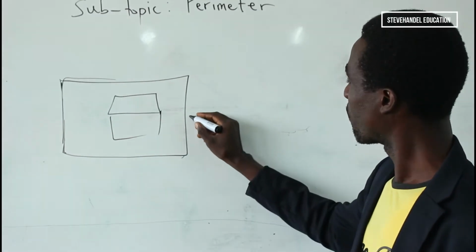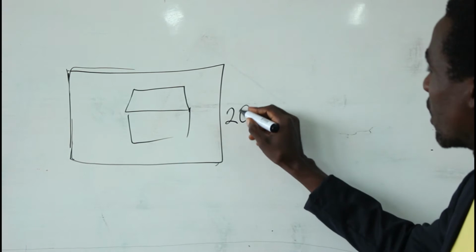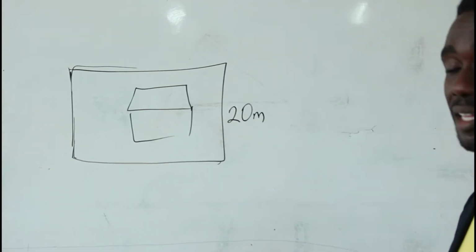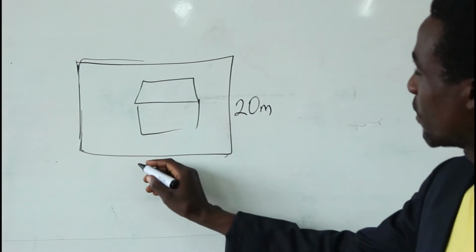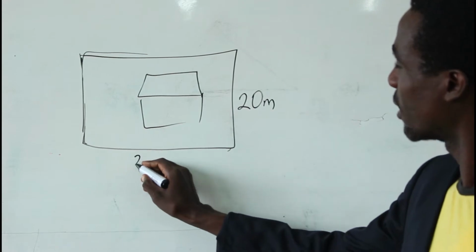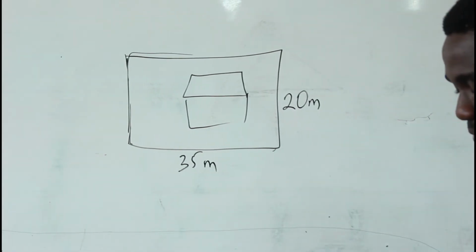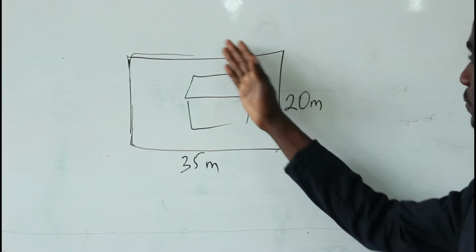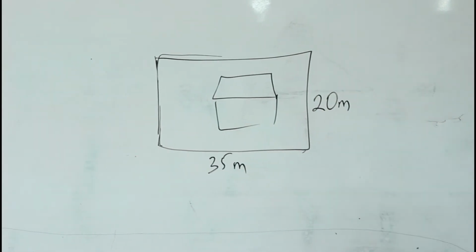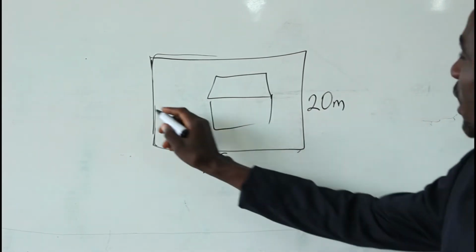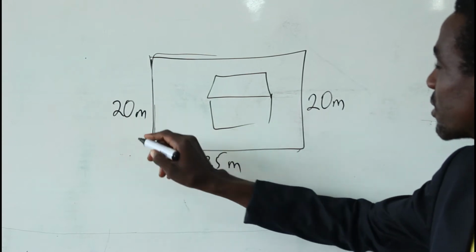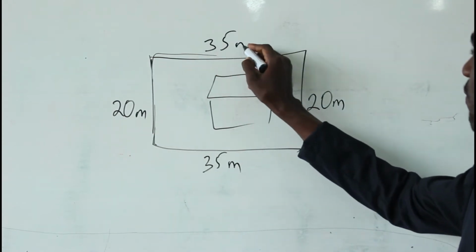So, for example, this place, let's give it 20 meters. That's an example. Then this place should be 35 meters. Now, I hope you know what shape this fence wall gives us. I know you know that. So, this place will also be 20 meters, then this place 35 meters.